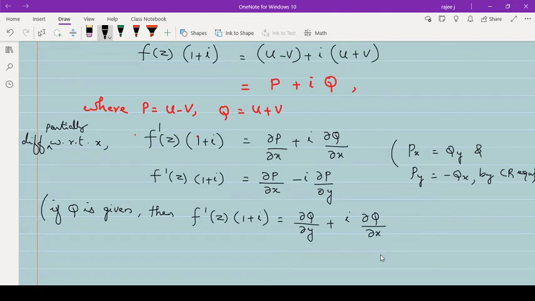This you can use directly. When you use it directly, specify p is u minus v and q equal to u plus v. This should not be in the reverse order. If you take this as q and this as p, then there will be some changes, and corresponding changes will be everywhere. So do not make that mistake.